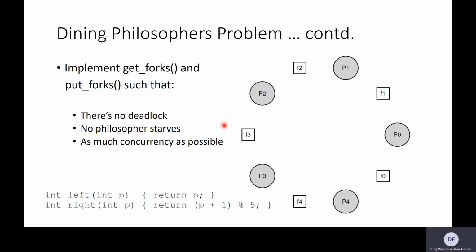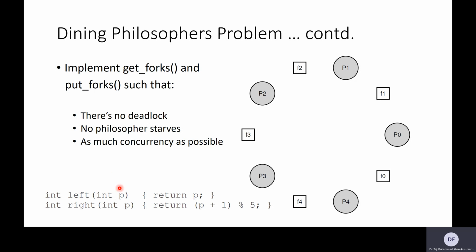In the get forks function, we call these two functions, left and right. Given a philosopher's number, left gives us the left fork of that philosopher, and right gives us the right fork. Take philosopher P2.